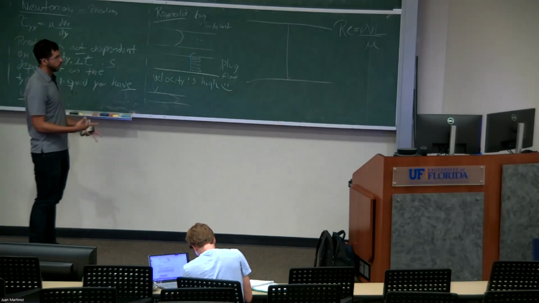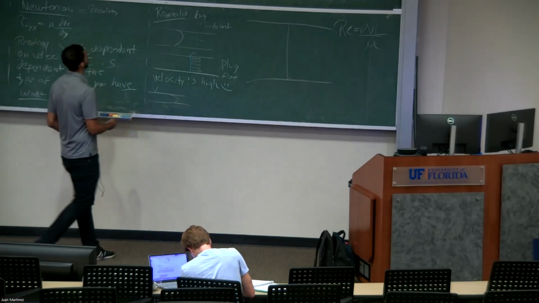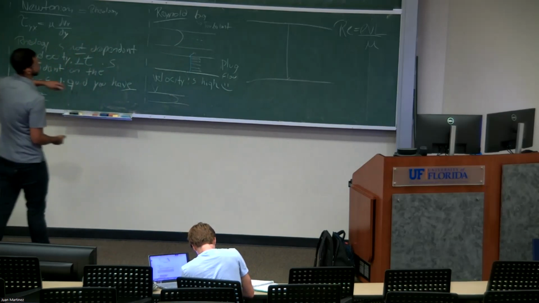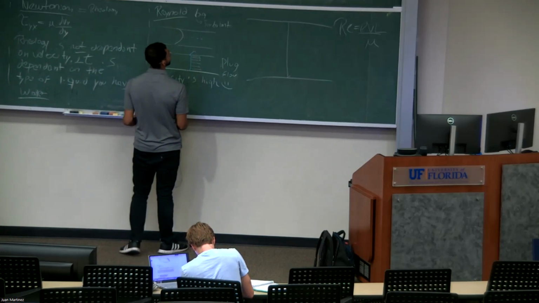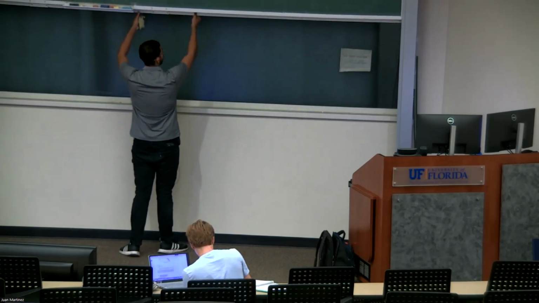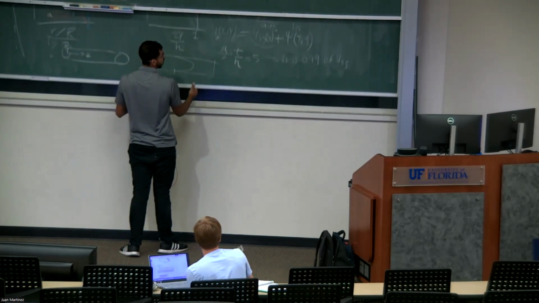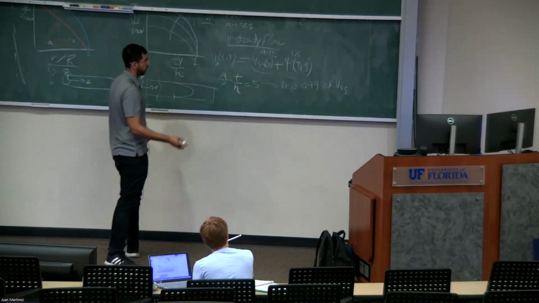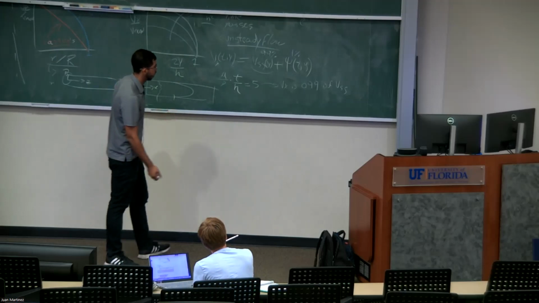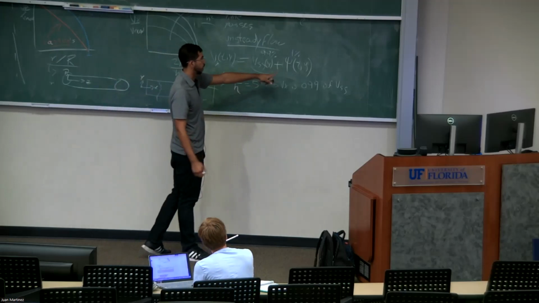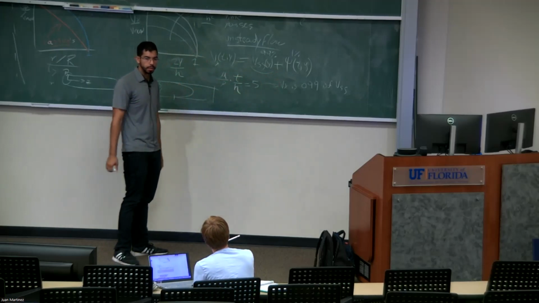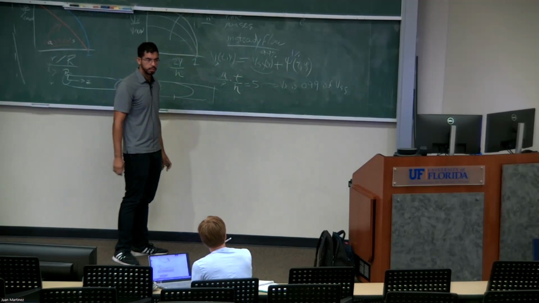I wrote it somewhere. The way that this unsteady velocity works is that you have a steady component and an unsteady component. That's what makes the accumulation happen, or one of the reasons.